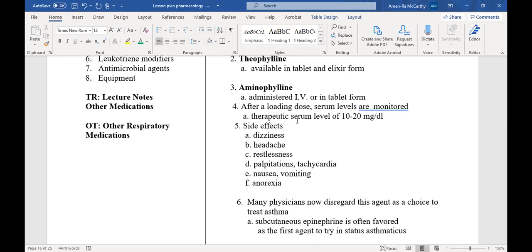We give you a loading dose, and then we check you every now and then to see if that therapeutic level is still in there. There needs to be a level of at least 10 to 20. When I test your blood, if I want phosphodiesterase to stay off the scene, then I have to keep at least 10 to 20 milligrams per deciliter of xanthines in the blood.